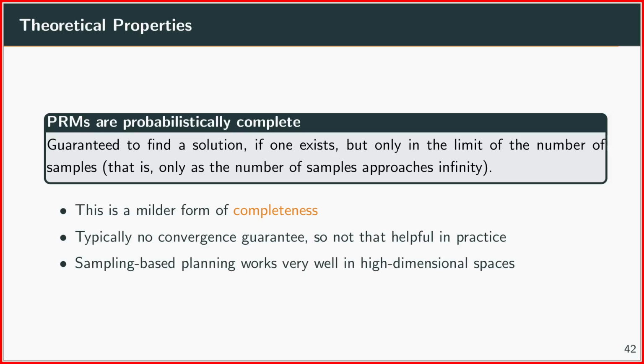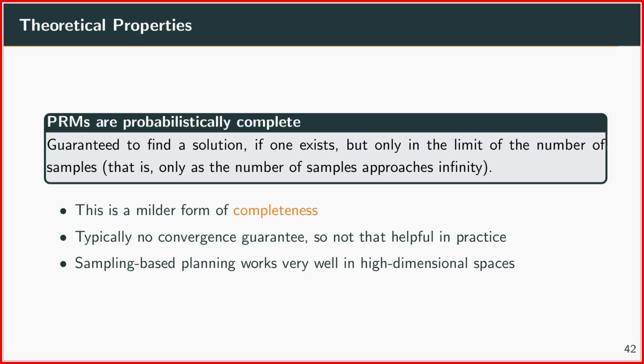But it is only probabilistically complete, which means that this is only true in the limit of the number of samples going to infinity. So if time goes to infinity, then you can actually prove that with a probabilistic roadmap, you will actually find a motion if one motion exists. And so this is a milder form of this general property of completeness, which we'll also look at later on.